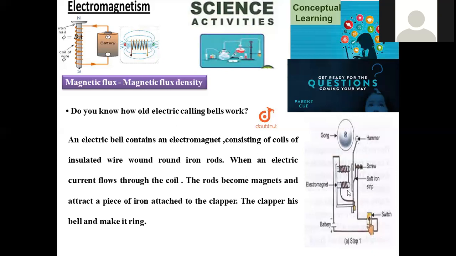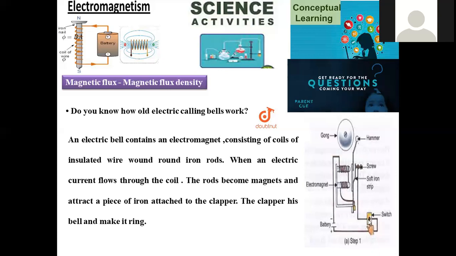So the magnetic field originated around these electrical strips, because current is passed, that moving current, because these coils are wound with these conducting, insulated wires, which are originating the magnetic field around them. Obviously, a magnetic field will attract the metals, like magnets.